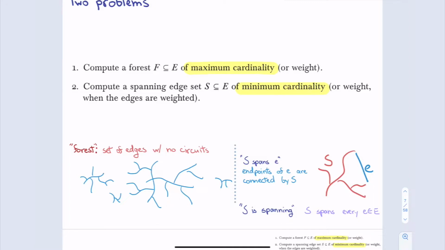The other is to compute a set of edges that spans the whole graph with as few edges as possible. Once we deal with this cardinality version, number of edges, we'll deal with weighted versions, where I want to minimize the total weight in my spanning set of edges, or maximize the total weight in my forest.